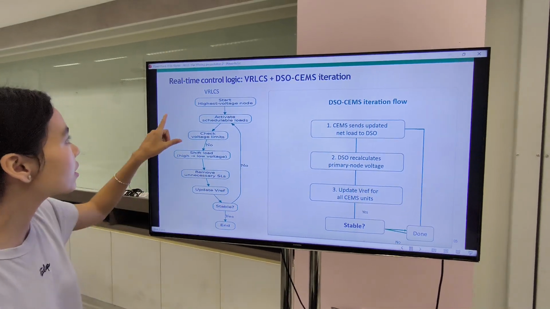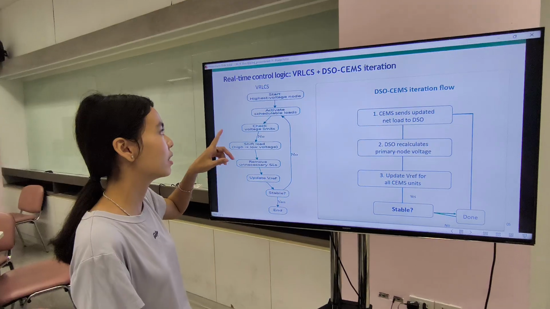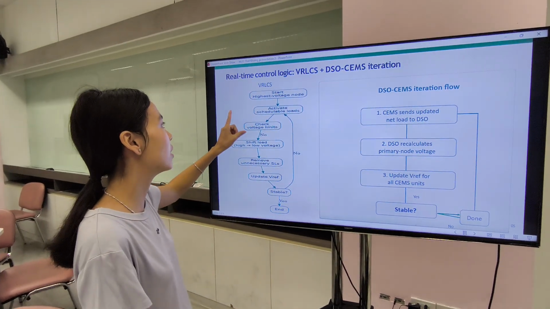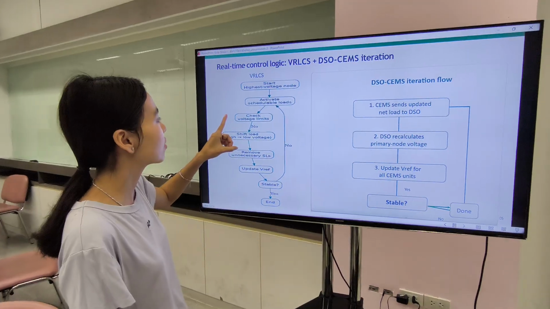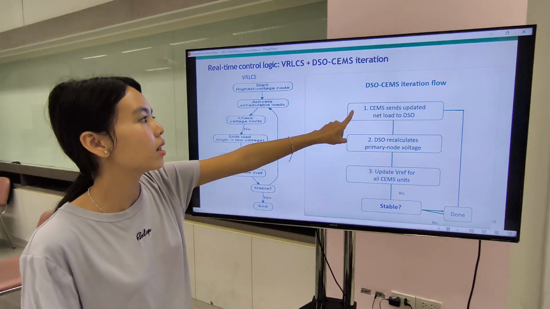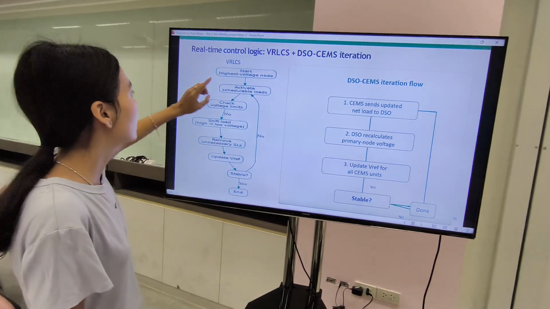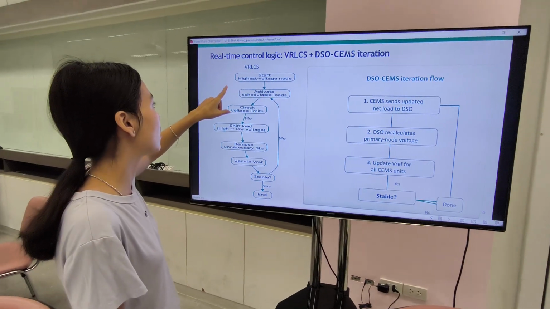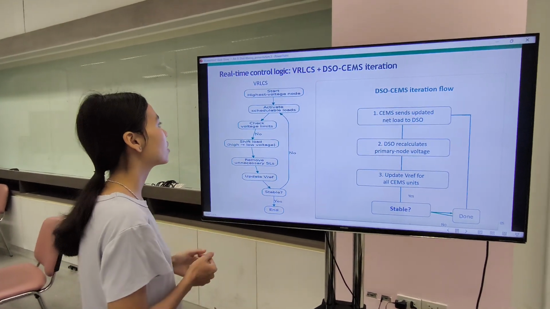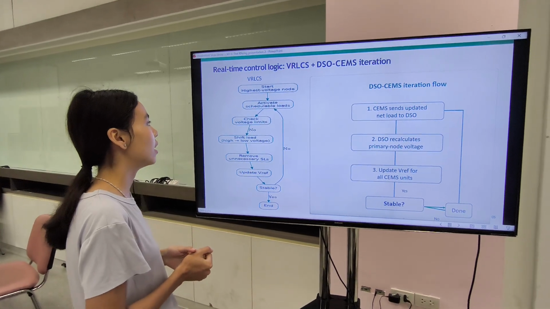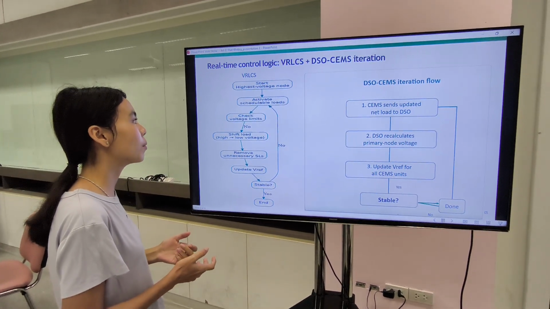This is the real-time control logic in this paper. The left side is the local control logic, and this is the system-level coordination. This logic starts from the highest voltage node, and then it activates schedulable load.